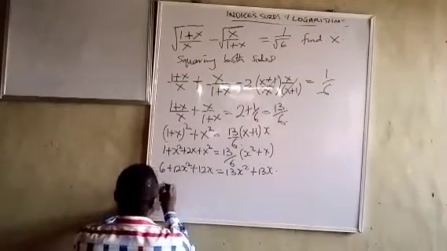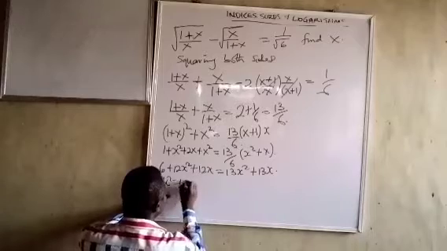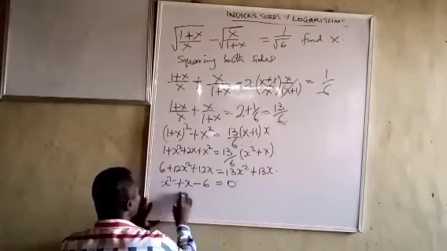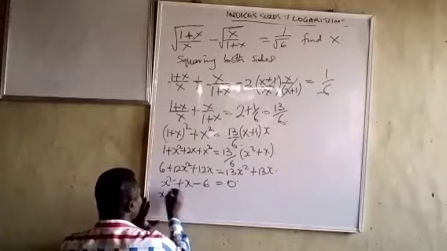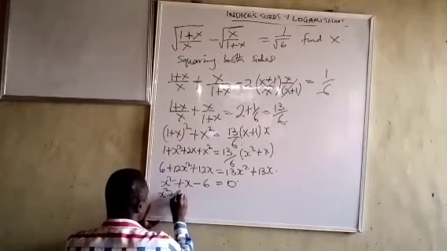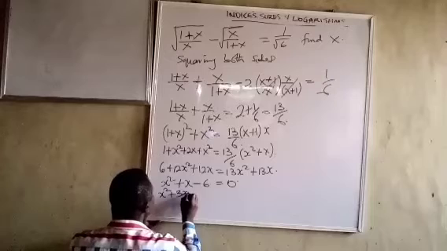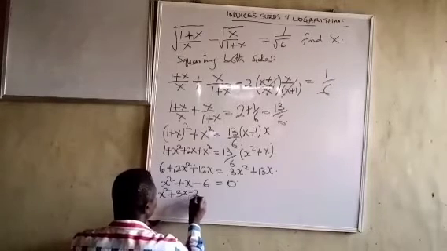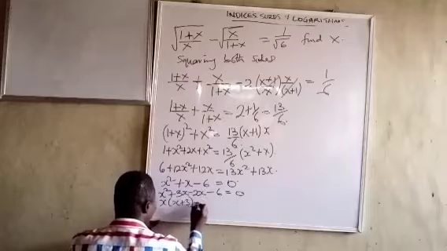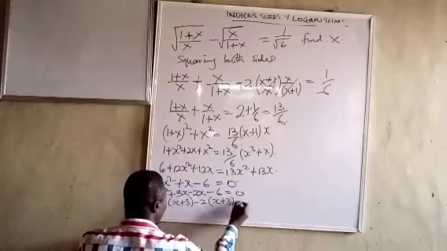So, let's bring it here. x squared plus x minus 6 equals 0. Factorizing, we have x squared plus 3x minus 2x minus 6 equals 0. So x into x plus 3 minus 2 into x plus 3 equals 0.